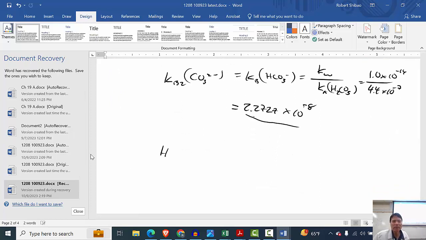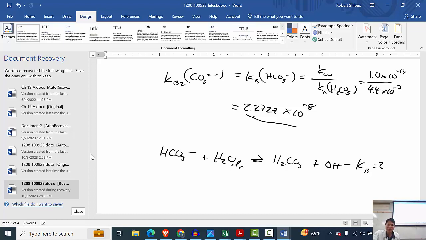And so doing Kb2 next, we are going to have bicarbonate hydrolyzing water. Bicarbonate can hydrolyze as an acid or it can hydrolyze as a base. In this case, we need bicarbonate to hydrolyze as a base, which is going to form carbonic acid plus hydroxide.